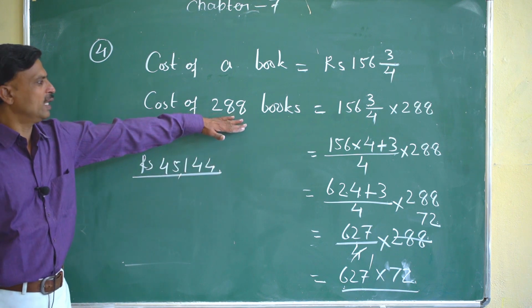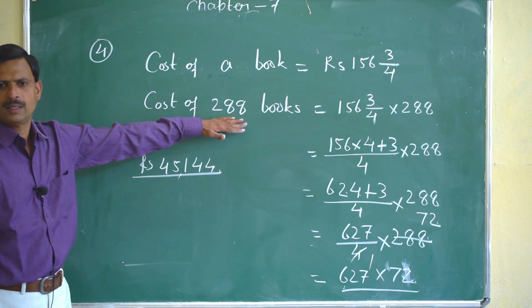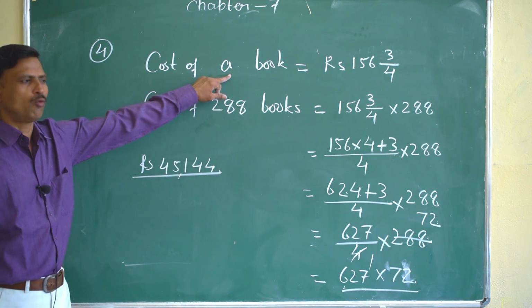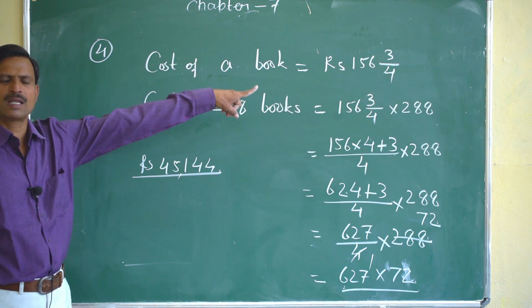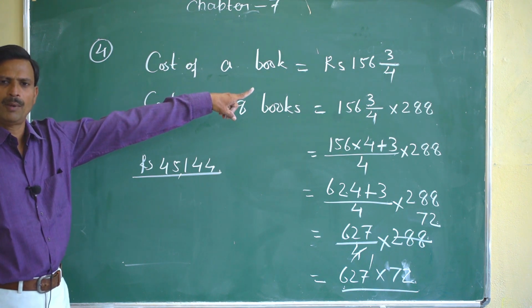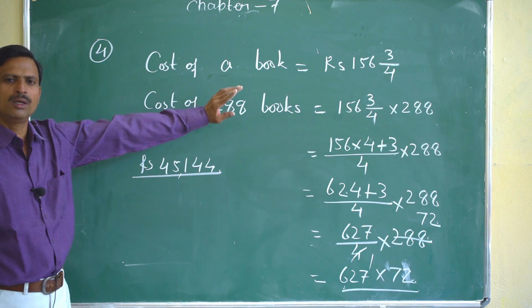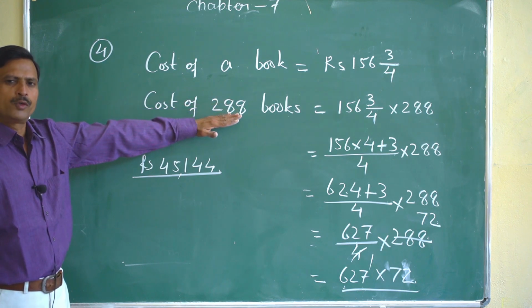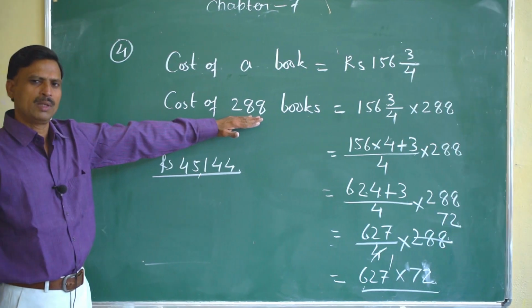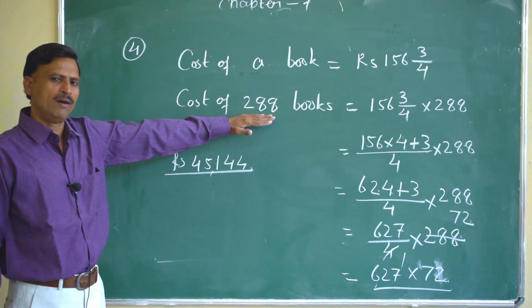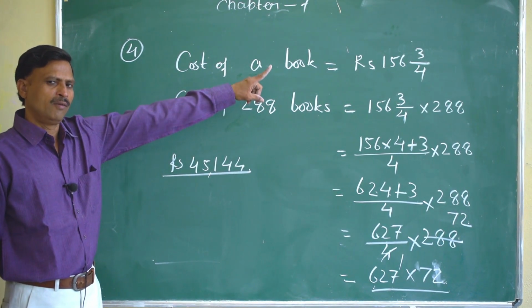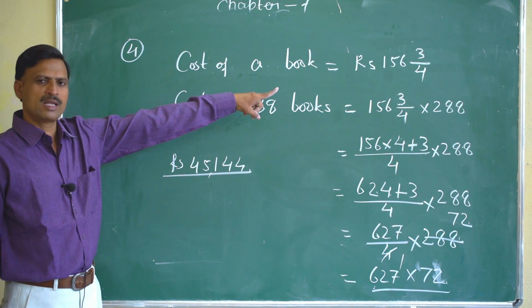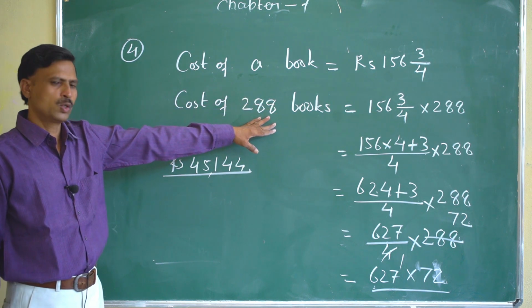So this is the cost of 288 books. The cost of one book was given, that is 156 whole number 3 by 4. We have to find out the cost of 288 such books, same kind of book. So we have to multiply the value 156 3 by 4 by 288.